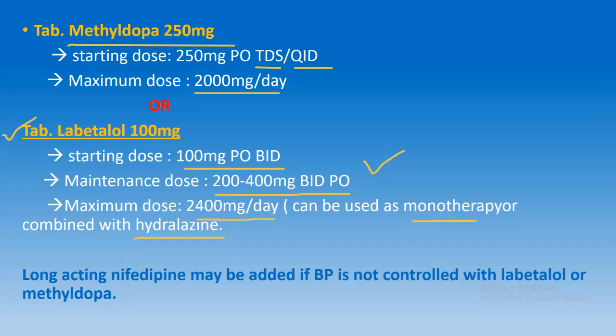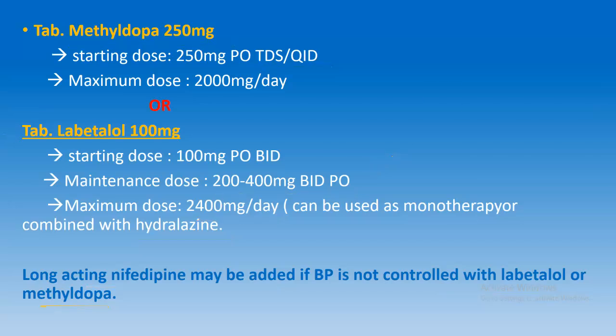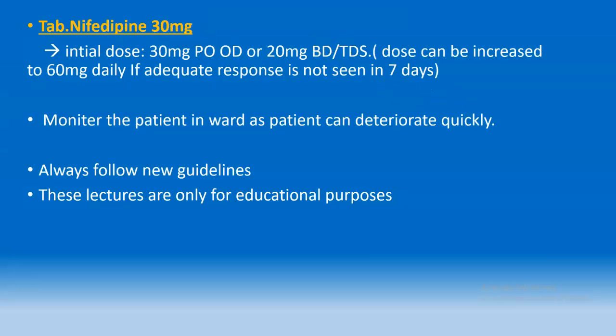The next one is long-acting nifedipine, which can be added if the BP is not controlled with labetalol or alpha-methyldopa. So if it's not controlled, we can add nifedipine as the third agent for the management of hypertension. Nifedipine 30 mg initial dose can be used safely, or 20 mg BD/TDS.